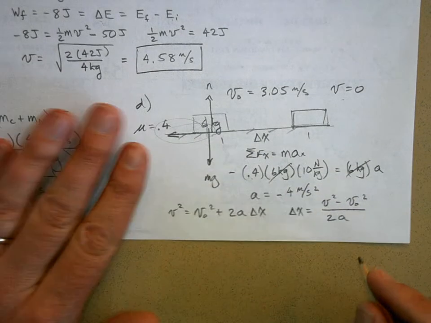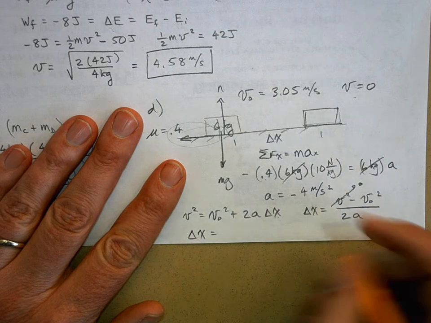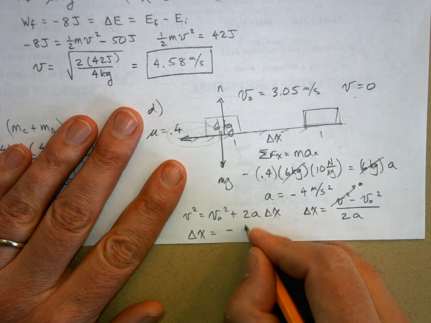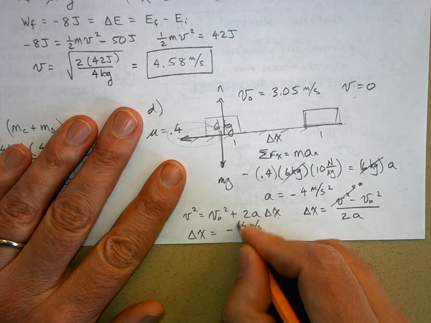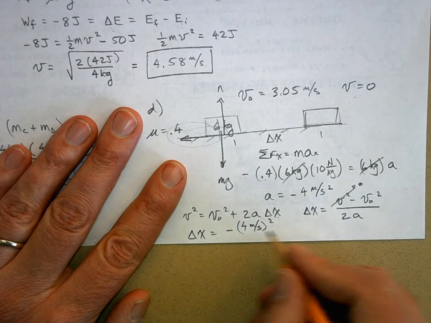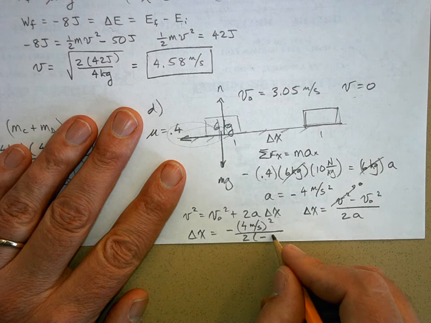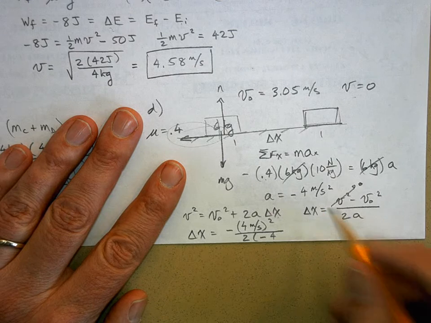And so plug in your numbers now. Well, this is 0. This is negative 4 meters per second, quantity squared. The negative is outside the parentheses there. That's important. And then you have 2 times negative 4. Oh, wait, did I do something wrong?